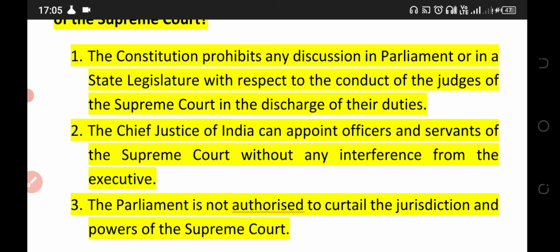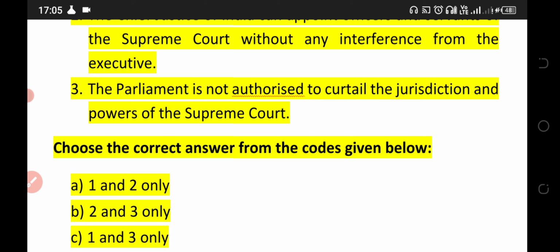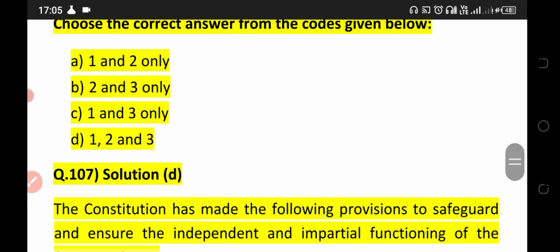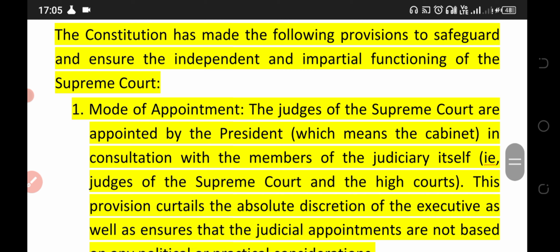The Chief Justice of India can appoint officers and servants of the Supreme Court without any interference from the executive. The Parliament is not authorized to curtail the jurisdiction and the power of the Supreme Court. 1 and 3. 1, 2, 3, all are correct. The Constitution has made the following provisions to safeguard and ensure the independent and impartial functioning of the Supreme Court.